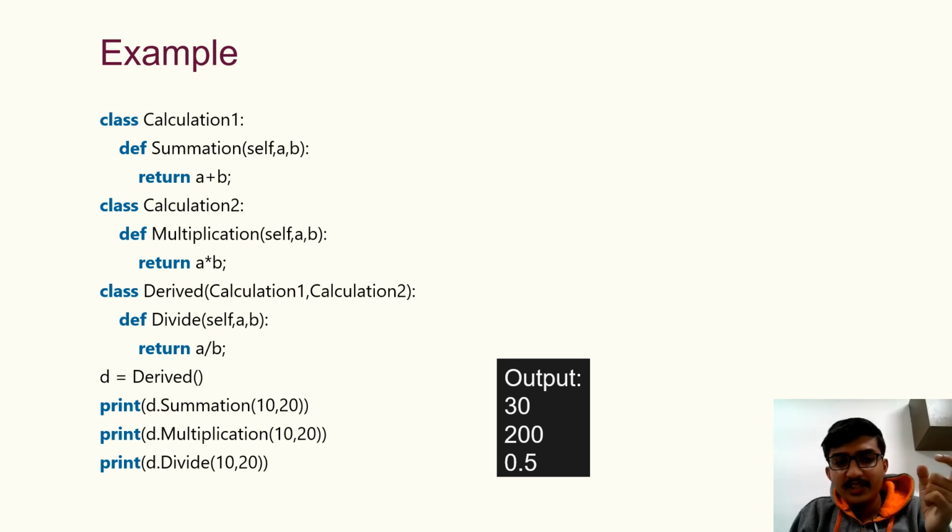Now we have created the derived class's object, and by using it we have called each and every function present inside every class, because by using multiple classes we have created a single class, and in that single class the properties of the other classes are present inside the derived class. That's why the call goes to every function and the program executes successfully.